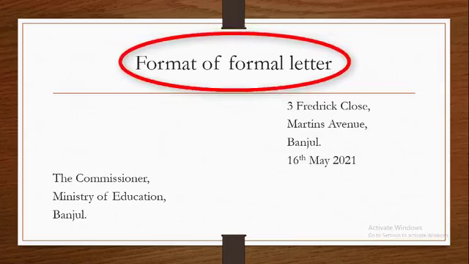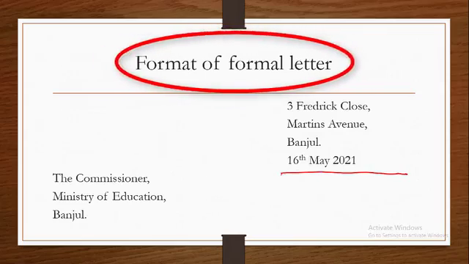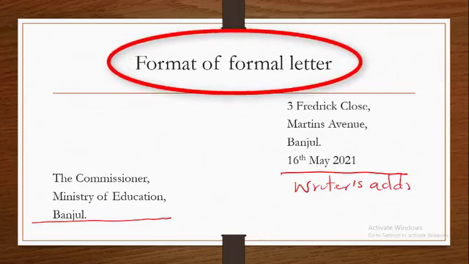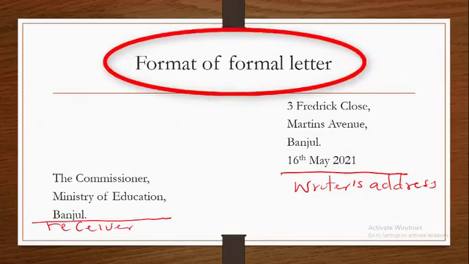So you can see clearly this first part is the writer's address. Then this other part, which is the left side, is the receiver's address. Don't forget, this is the writer's address, and the other left side is the receiver's address.